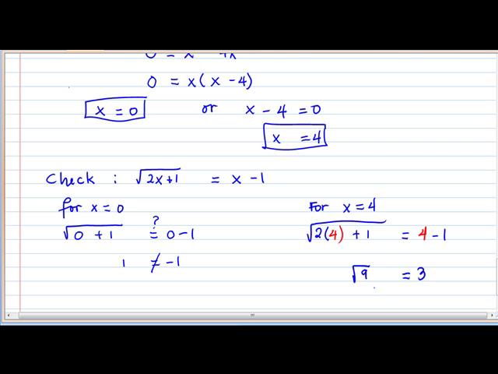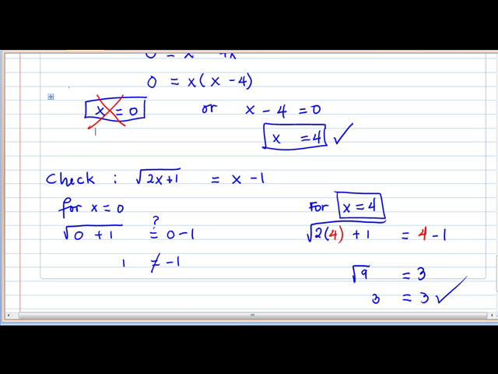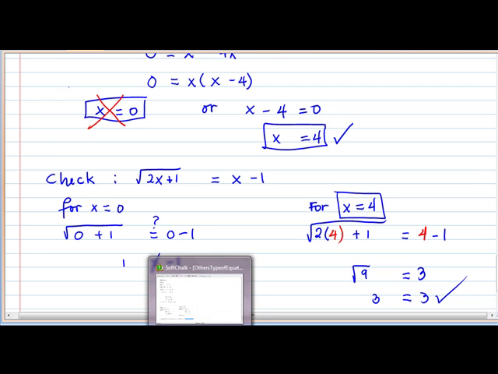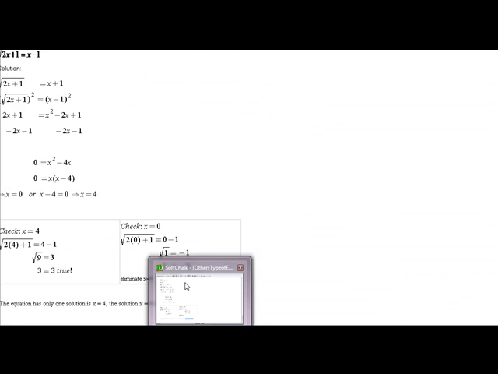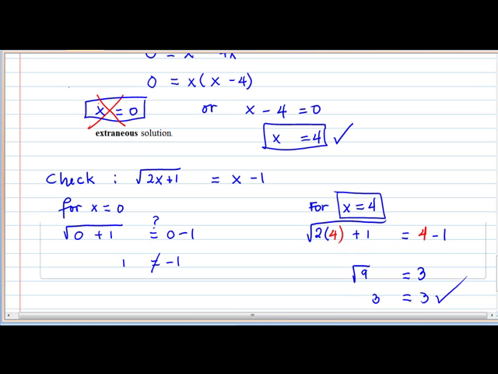The square root of 9 is 3. 3 is equal to 3. So that means this answer is good, and the answer x equal to 0 is no good. When we check our answer, x equal to 0 is no good. This solution is called an extraneous solution. So here is our answer.